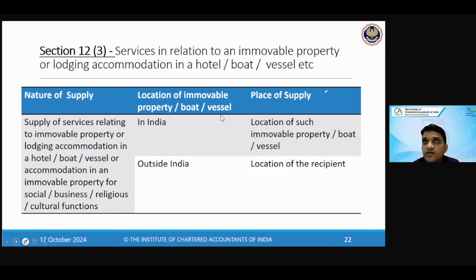If I am in Bangalore, I am going to Sunil Shetty telling that I want to use that property. The place of supply, like in other immobile properties, is where that immobile property is situated. But if that immobile property is outside India, then the place of supply will be the location of the recipient. Where I am located, that will be the place of supply. Got this?